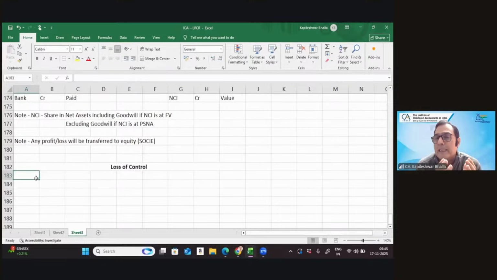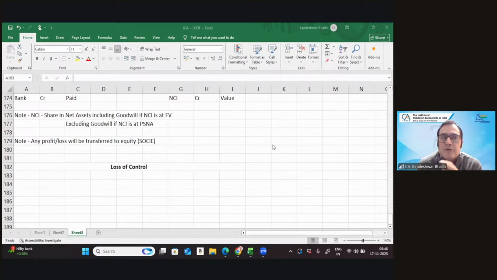If I want to put an entry in the consolidated financials, what are you going to do? Because when you get control, you put the entry in Ind AS 103, the acquisition entry. So can I say if there is a loss of control, you need to basically go for a reversal of the same entry?